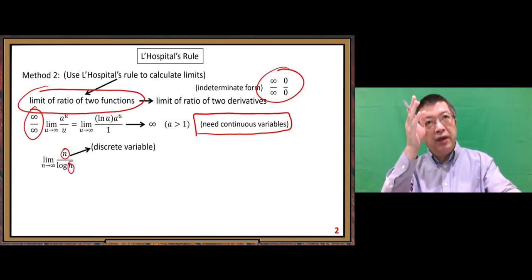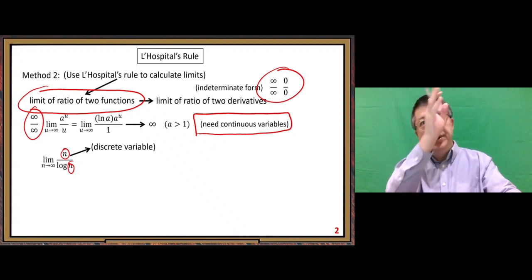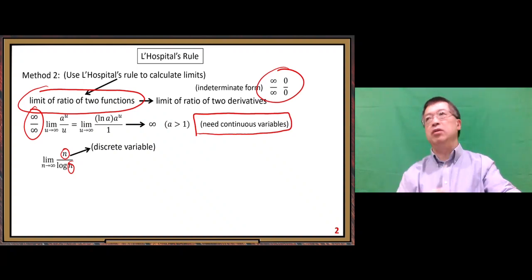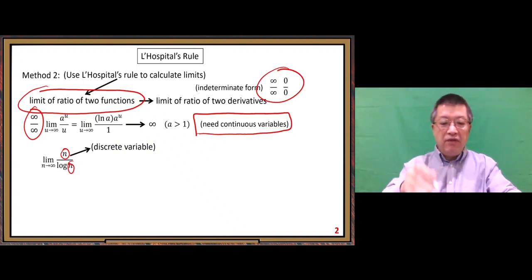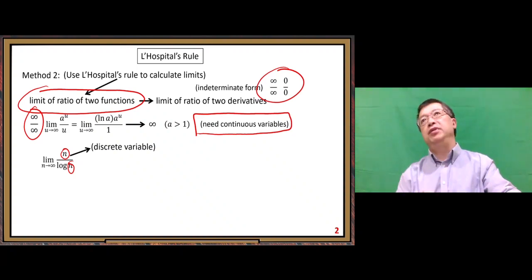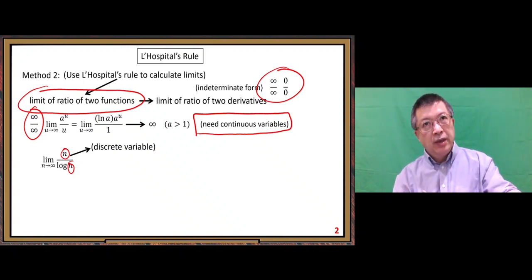This variable n only takes the values 1, 2, 3, 4, integer values. That's a discrete variable. When you have a function using discrete variables, you cannot take the derivative. The derivative only has the correct definition when the variable is continuous.